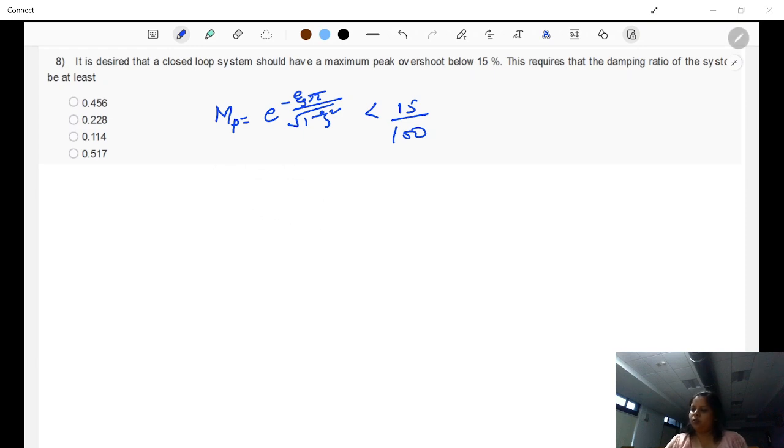Take simple mathematics only. So just solve this. The overshoot is less than 0.15. What would zeta be?